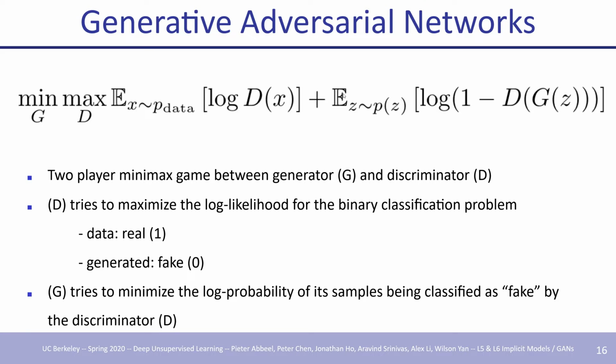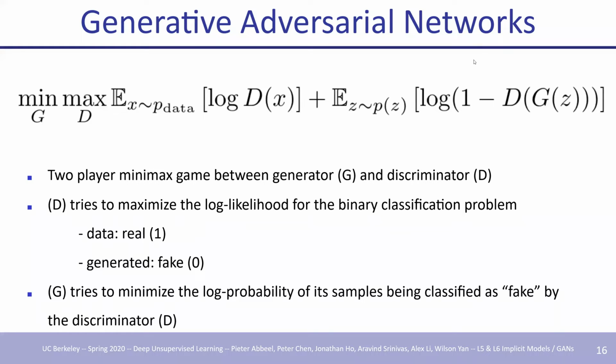So there's a two-player game, I guess. There's a two-player game where the generator is trying to generate fake images, and the discriminator is trying to figure out what's going on, which one is real and which one is fake.